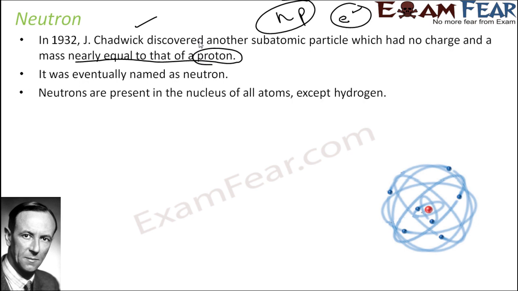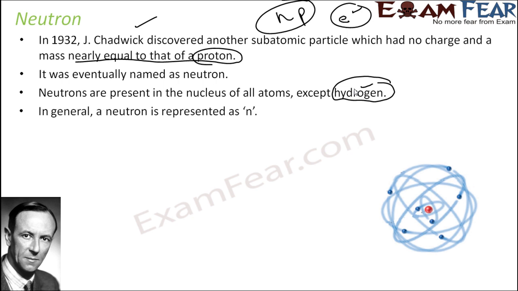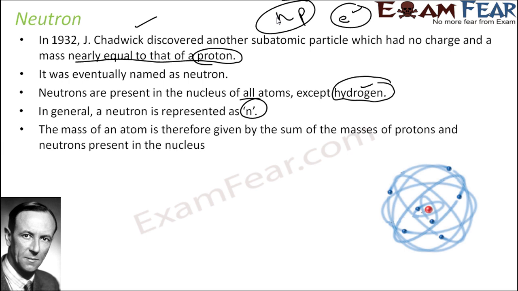Neutrons are present in all the atoms except hydrogen. Please note, hydrogen is the only atom which does not have a neutron. Apart from that, all the atoms have neutrons. It is represented by n. N is the symbol of neutron. The mass of the atom is nothing but the mass of proton and neutron.